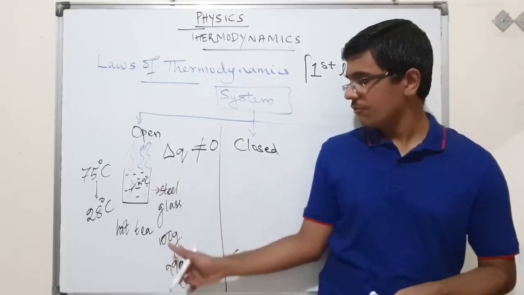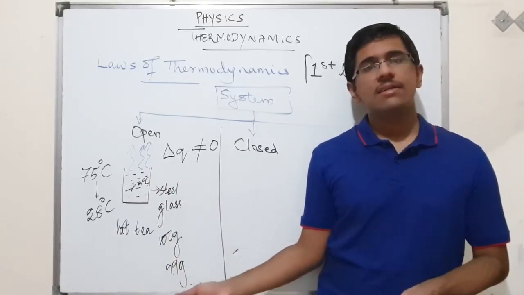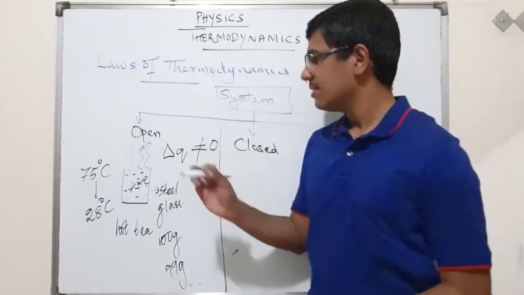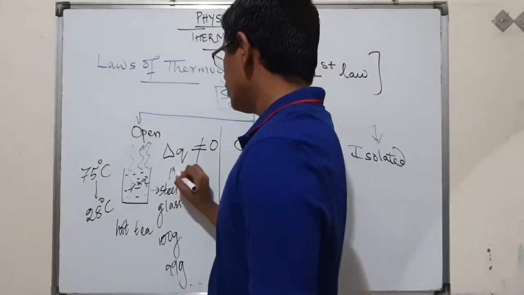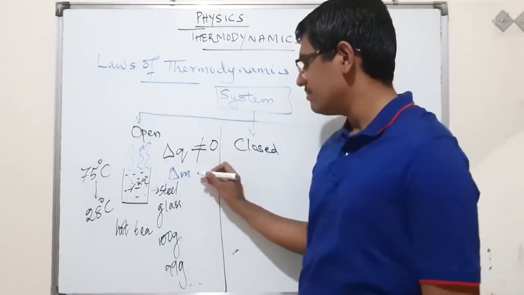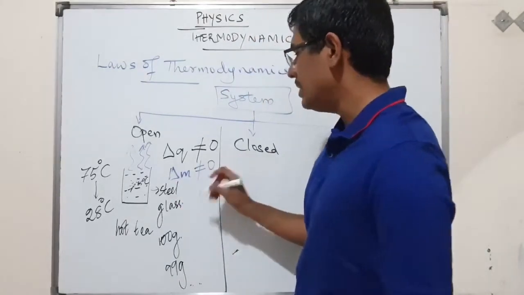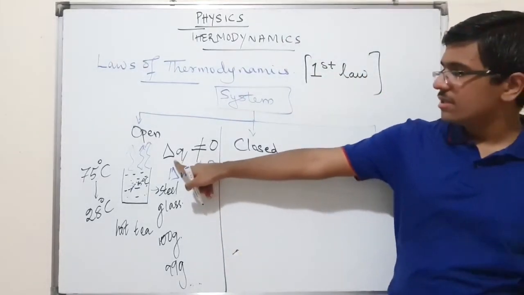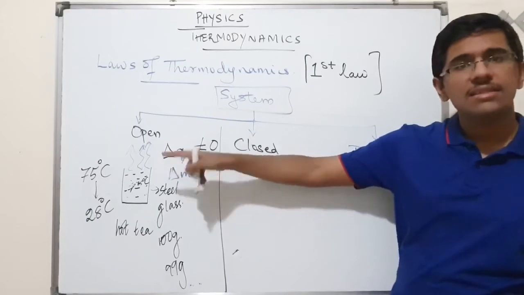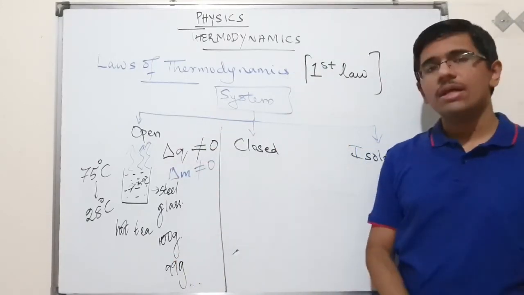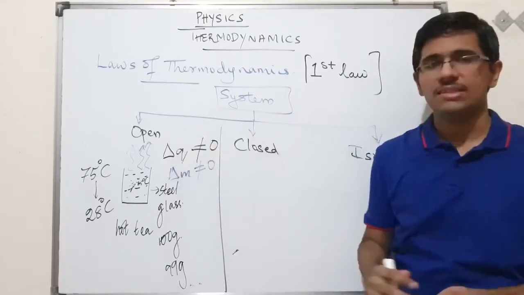So there is loss of mass. Mass in the form of water has changed into water vapor. So delta M, the change in mass, exists. So I can say change in mass is not equal to 0. Such a system in which both heat and mass change, or delta Q and delta M are not equal to 0, is known as an open system.